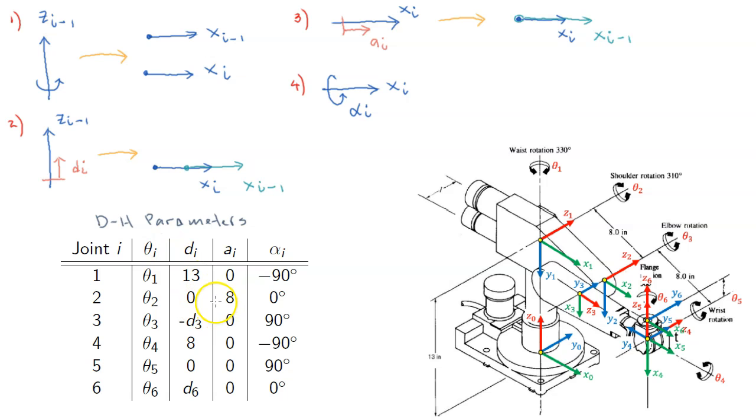And what is A2? A2 is how much we have to translate this coordinate frame along X2, on this axis, to make the two origins coincide. And the answer is we have to translate from here to here, right? 8 inches. So 8.